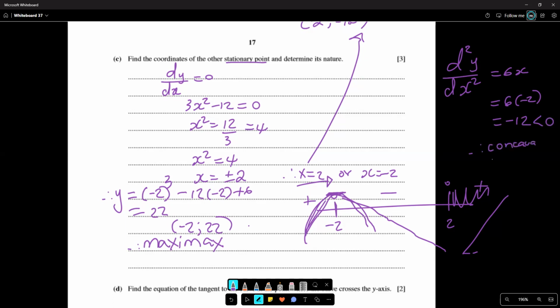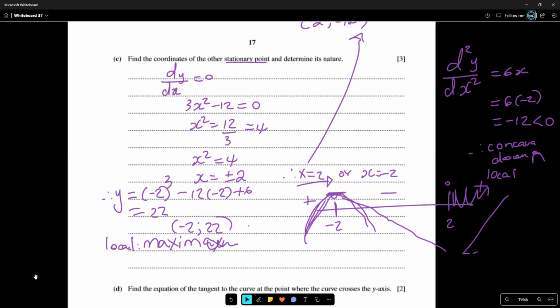Concave down means your graph is facing like this, so you're going to have a maximum. So this is a local maxima. Sharp.